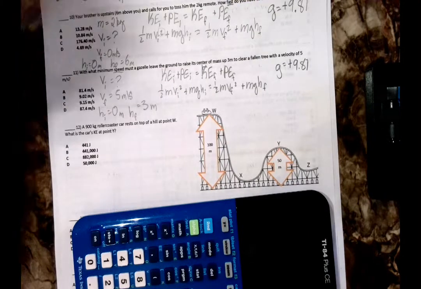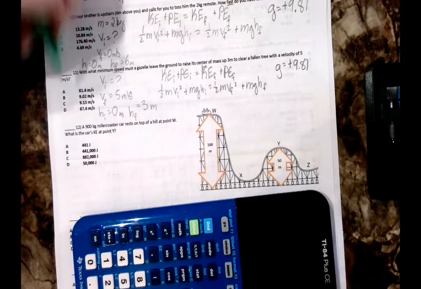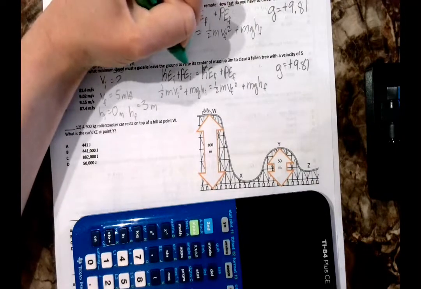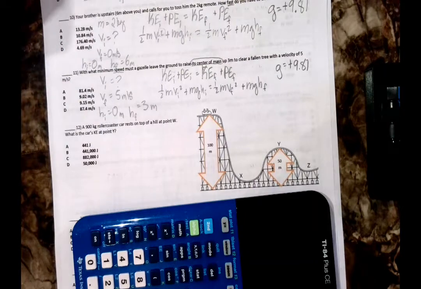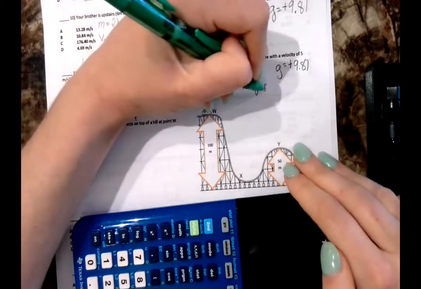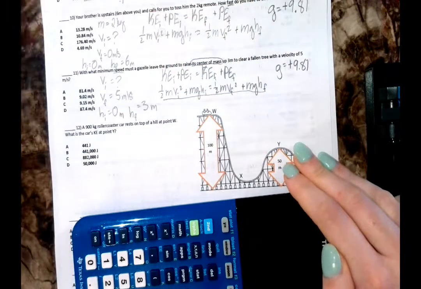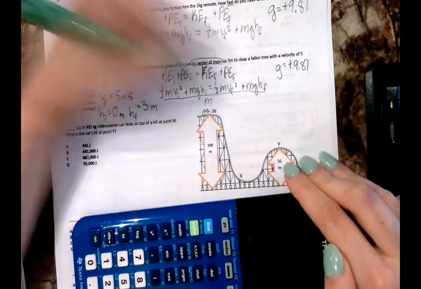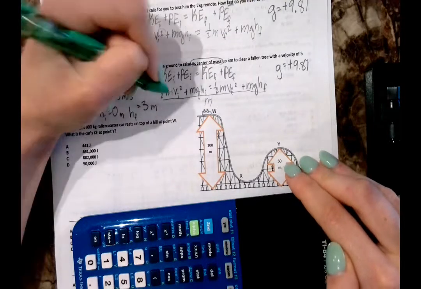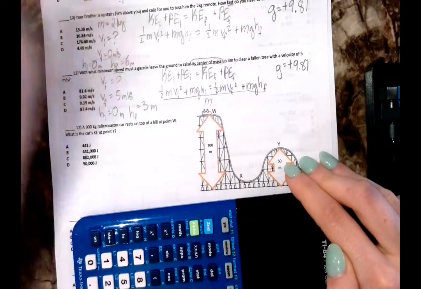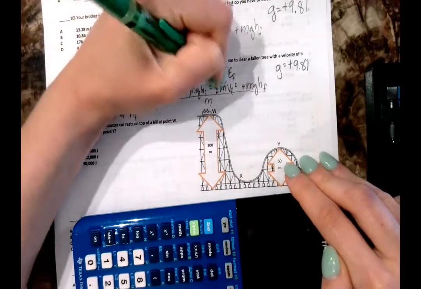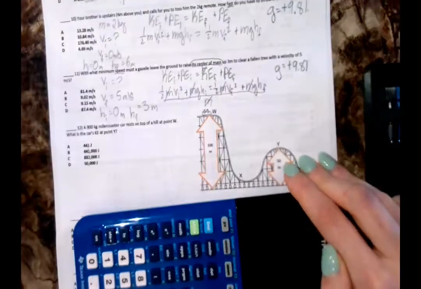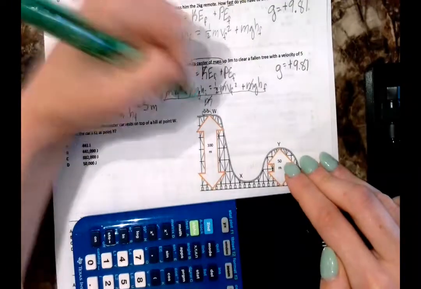Whenever we see a problem that talks about conservation of energy and it just says raising its center of mass, this is one of those problems where we can eliminate M. I say eliminate, really what we're doing is we're taking this entire problem, both sides, and dividing by M. Because M is in every single component of this equation, we can cancel it out of the entire equation because M divided by M is 1.